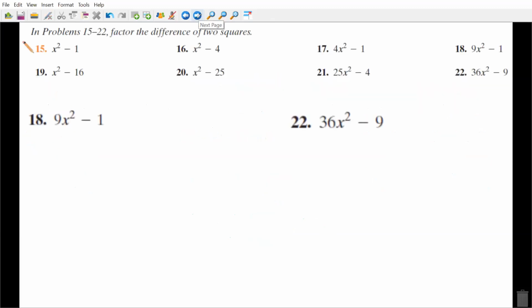Okay, let's move on. Exercises 15 to 22. What do you have to do in these exercises, guys? Let me look for a candidate here. Mi Rubiano, can you please read what you have to do in this exercise?